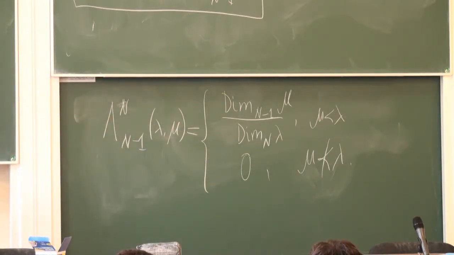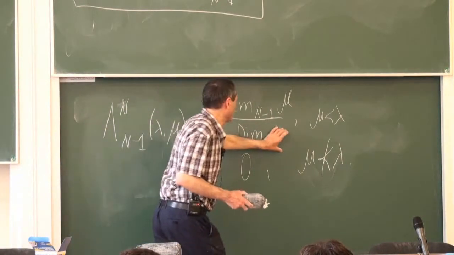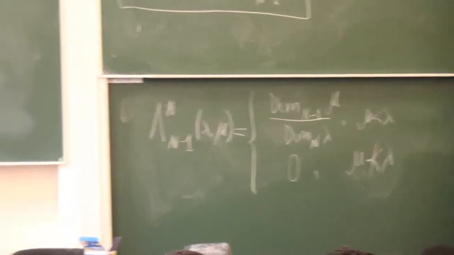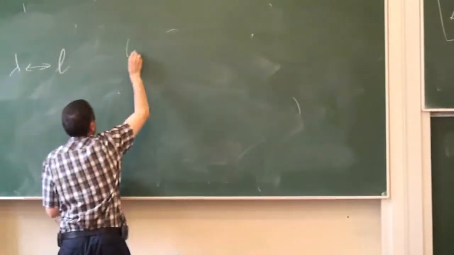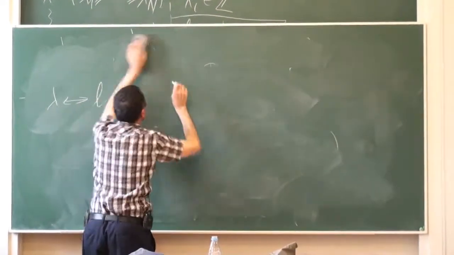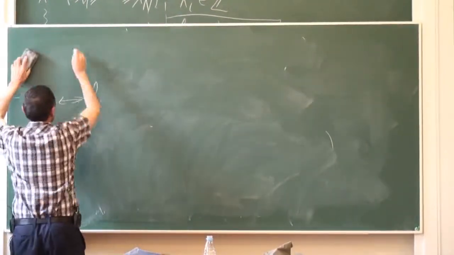To do this, we need to know an explicit formula for the dimension, and such a formula exists. It is called the Hermann Weyl dimension formula, and it looks as follows. Here I identify lambda and the corresponding L. The identifications are as follows.